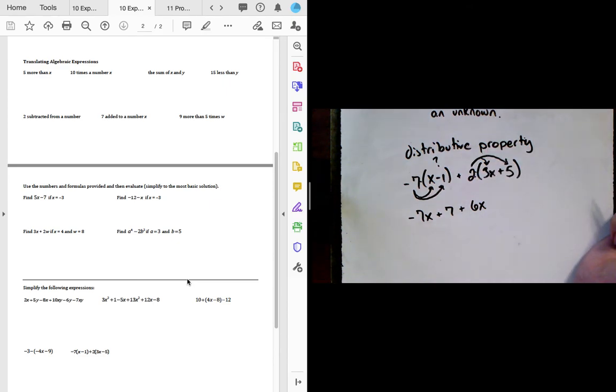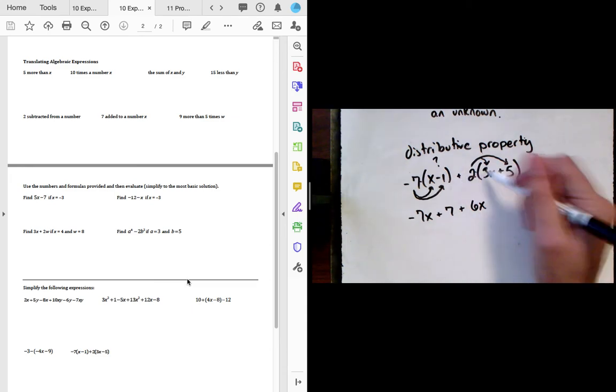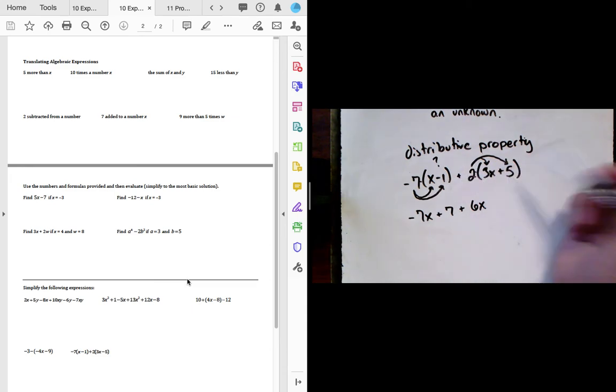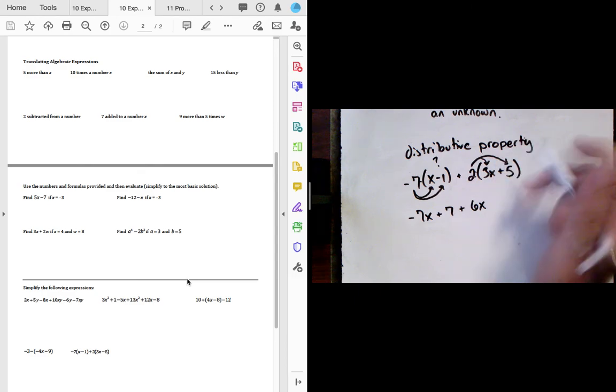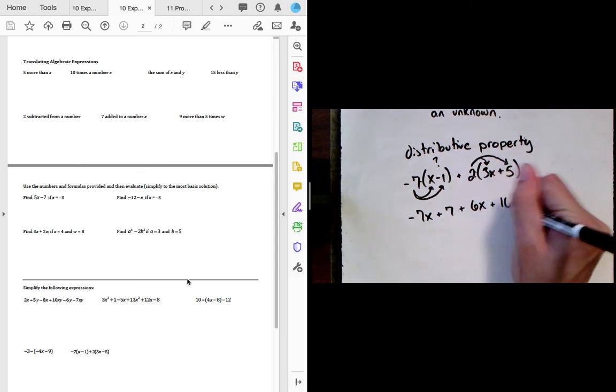It's only when we want to add and subtract terms that we have to group them up. For multiplication, we don't have to worry about that. So this positive 2 can get multiplied by the term with x, and it can get multiplied by the term without x, just as easy. So when we multiply the 2 and 3x, we get 6x. We multiply a positive 2 and a positive 5, we get positive 10.